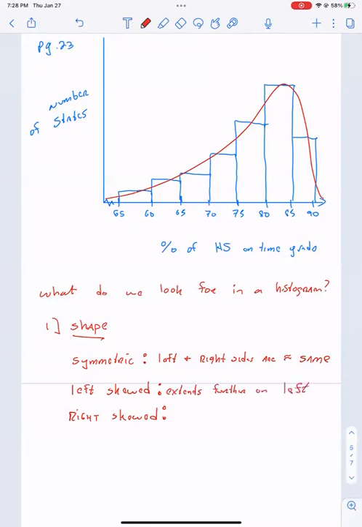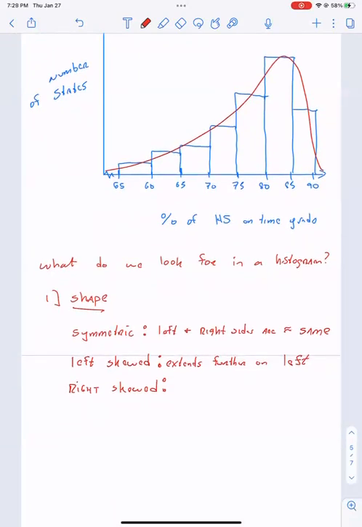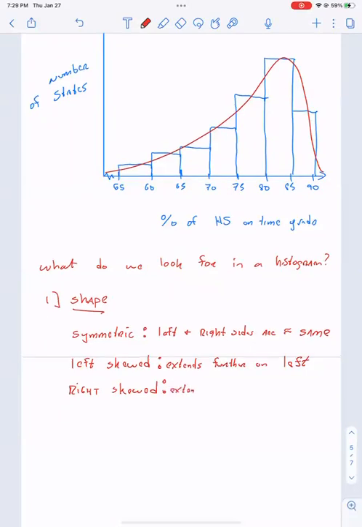Can anyone guess? And again, I know this is tough, but I have a feeling that you can do it. Does anyone know what a right skewed graph would look like? The right skewed is going to be the exact opposite. It's going to be extended to the right side. Right, exactly. Extends further on the right side.